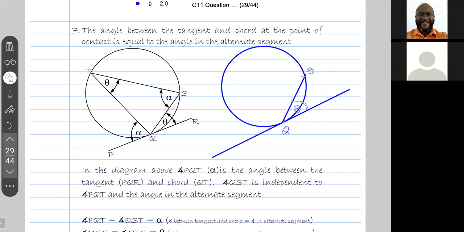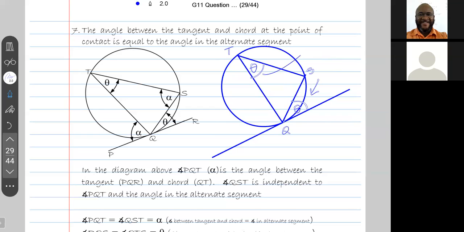Now, if I form an angle at the circumference, you see this angle here, whatever it is, it's equal to this angle. This one here is called the angle between the tangent and the chord.